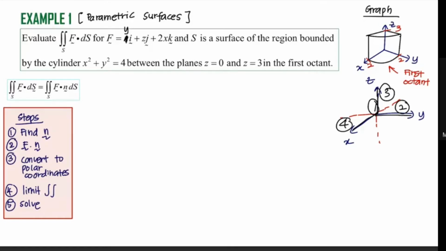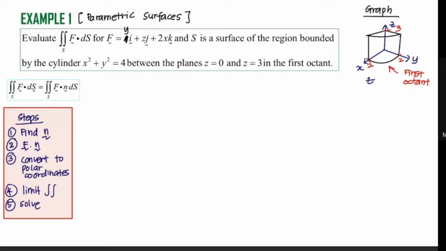Then 5 here at the bottom, 5, 6, 7 at the back, 8 here. This is the octant. So for this example, we want to consider the surface in the first octant only.